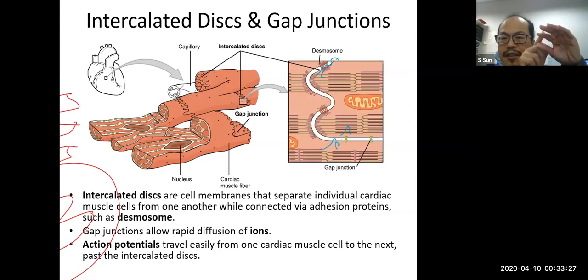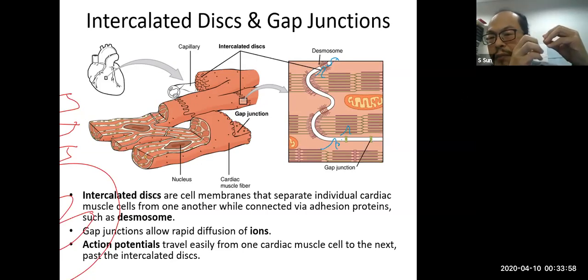In the heart, all these muscle cells are grouped. All these muscle cells are connected together, so they are not separate. When one cell gets excited, all cells get excited, because their membranes connect with each other.